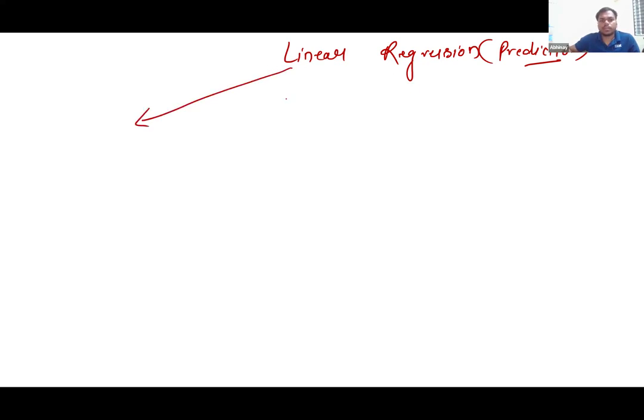Linear regression is divided into three parts, and regression means prediction, as I already told you at the beginning of the classes. The first part is known as simple linear regression, the very simple one.